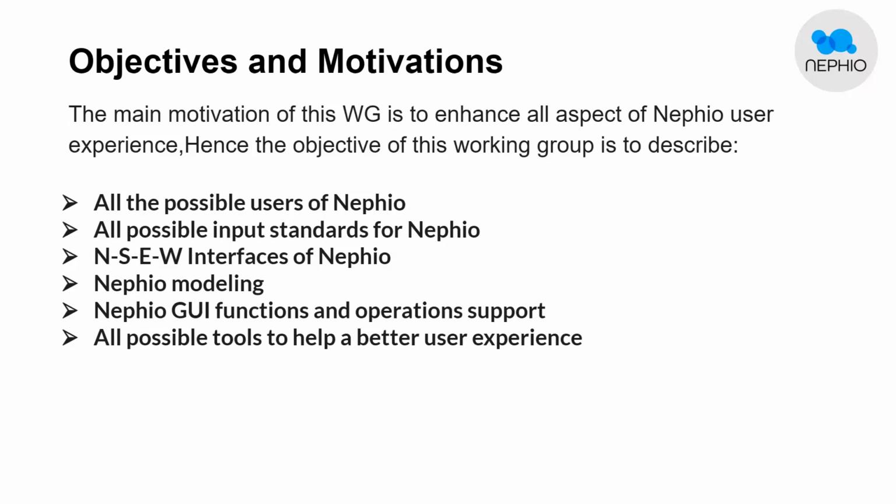I mean, my understanding of the objective of this working group is to come up with all possible users in FU, how those users provide inputs and how they interact. Do they interact with any kind of API from the north, south, east, west interfaces? Modeling, I thought, can be a part of the user experience, because ultimately whatever the modeling defines will be used by someone to interact with an FU.